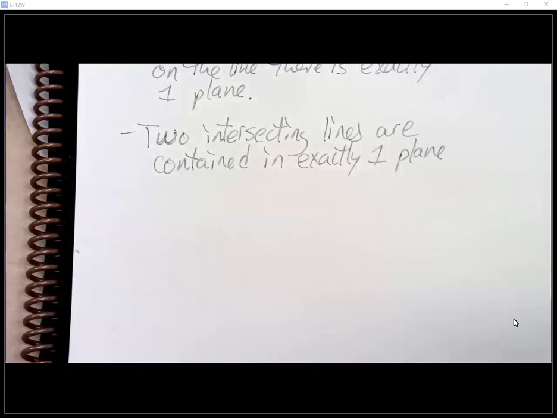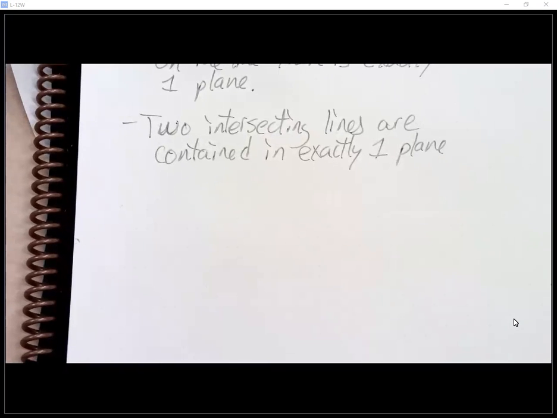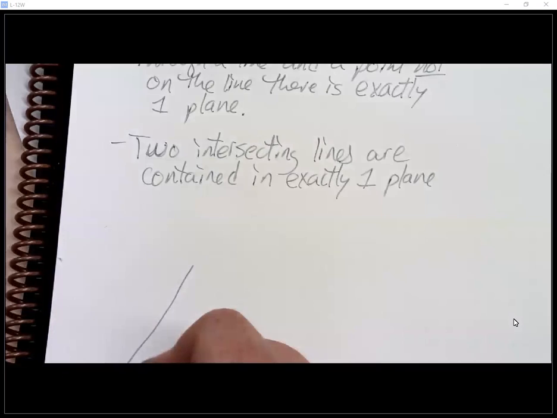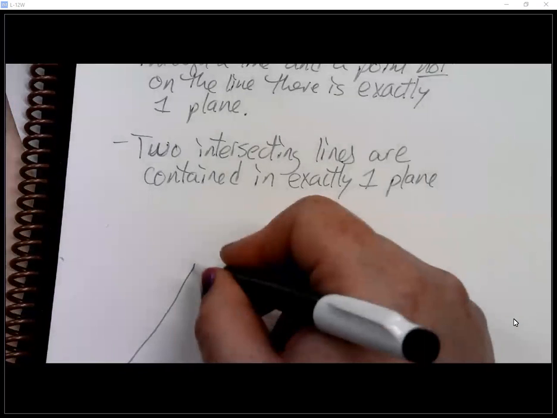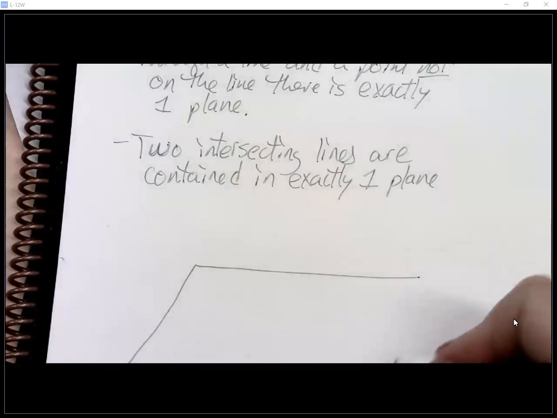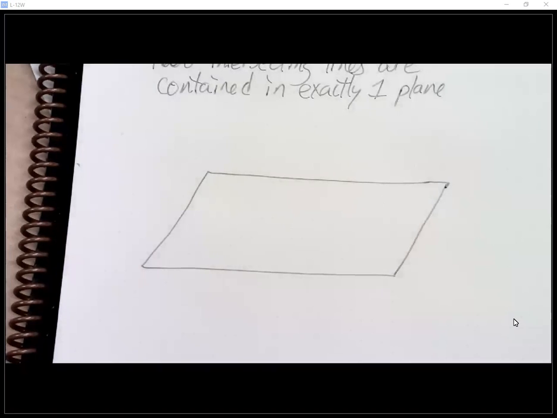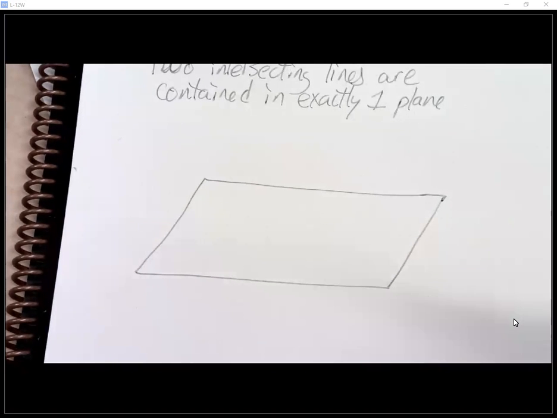Okay, so now let me draw the picture where I try and trick you. I'm going to ask you a couple of questions, but that's it for the notes, right? Yep, that's it. Okay, so remember how we draw planes. You don't have to draw this if you don't want to, but remember, I will upload it so you have a copy. So here's a plane. You know what? I'm not going to draw a second plane just yet.